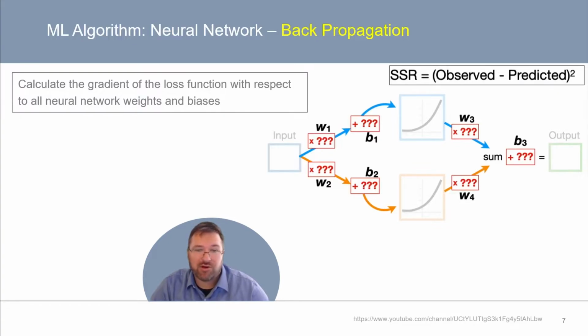But now here we are simultaneously trying to optimize all neural network parameters, which here includes all network weights and biases. So again, here that would be 4 weights and 3 biases for a total of 7 parameters to be optimized at once.